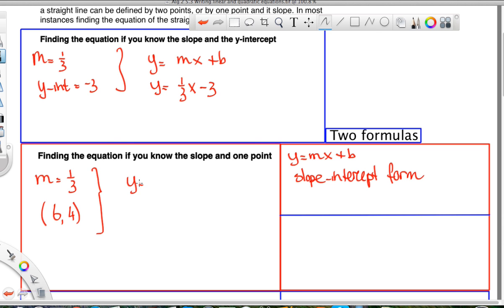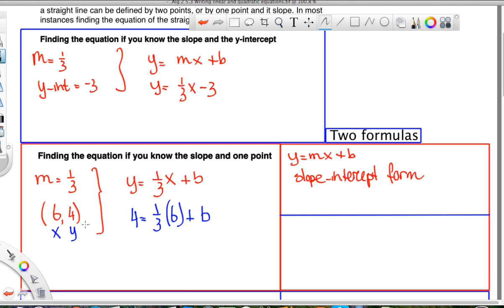At least the first part, you can still plug in the slope in front of the x and write 1/3 times x plus b. Now keep in mind that anytime they give you a point, they're giving you an x value and a y value. And we know where those values are supposed to go. So we need to have the 4 here, and the 6 should be here. So I'm just plugging in to the equation.